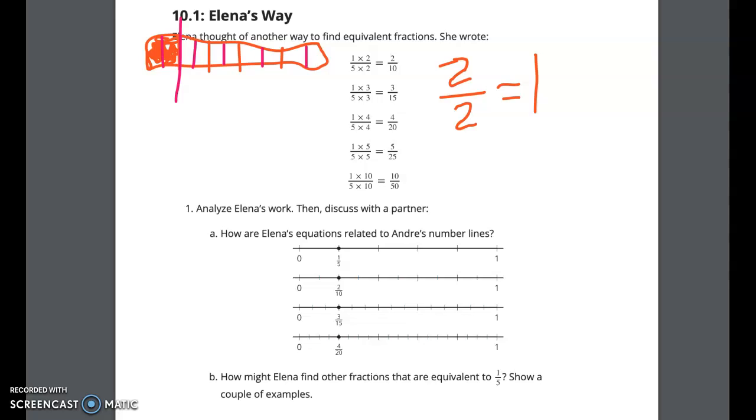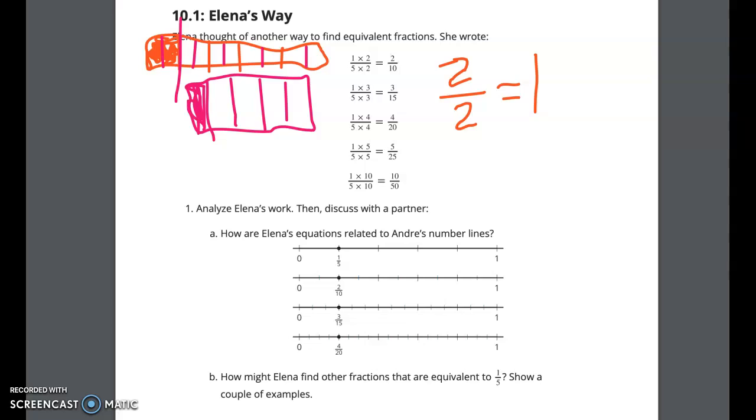Let's say we wanted to make the 1/5 fraction into 15ths. Then we'd have to cut every one of those fifths into 3 parts. So we're making more pieces, but they're smaller pieces. Again, if I had 1/5, it's this little piece right here, and then I have to cut it into more pieces.